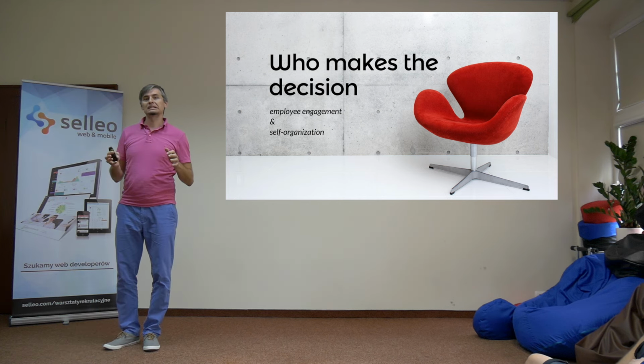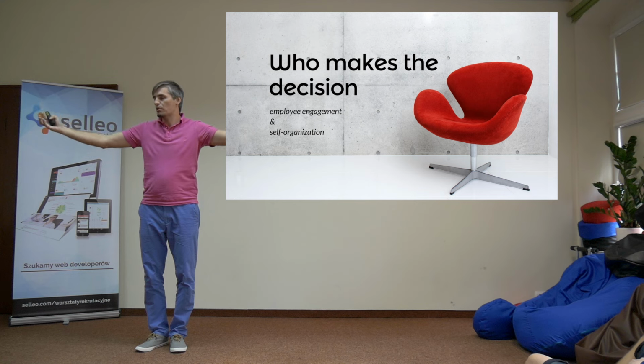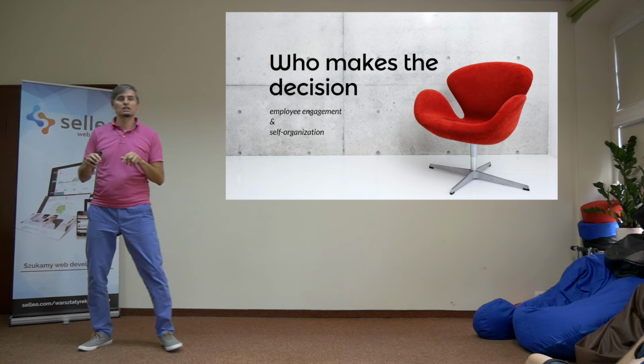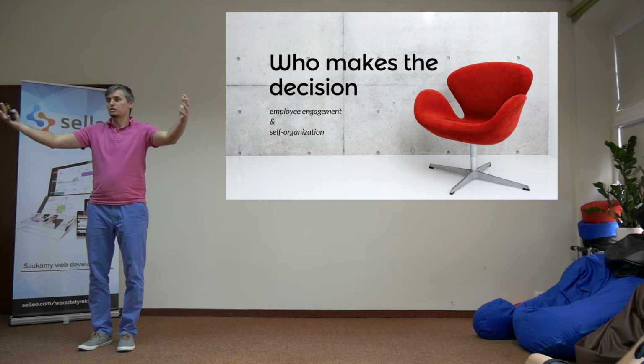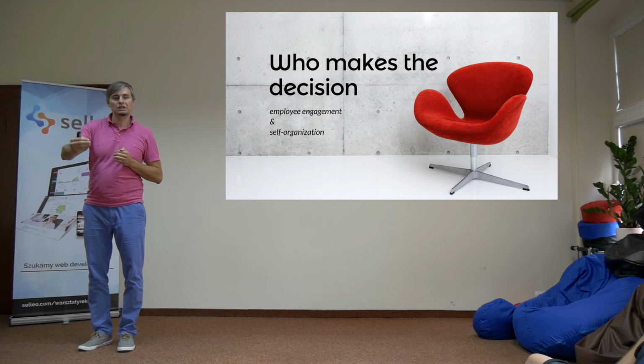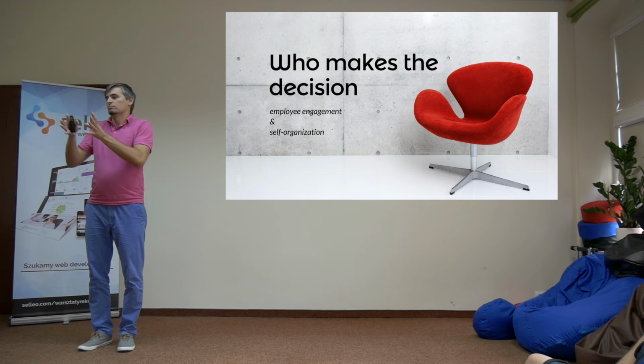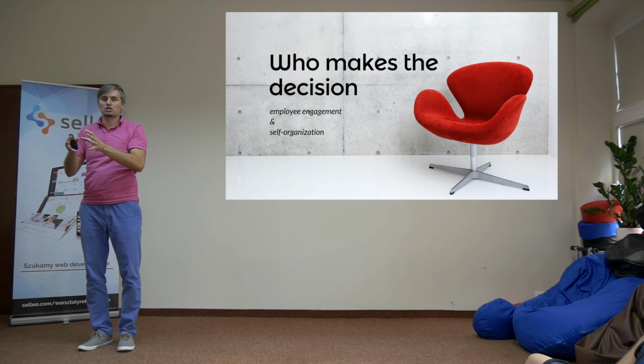So the main difference is that in the traditional approach, the manager distributes the power. At Selleo, developers distribute the power and they decide where they want to have more responsibility, more freedom, which tasks or duties they want to put to the leadership team.